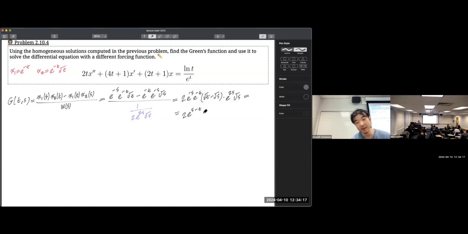I'm just combining those. And then you'll have square root of t minus square root of s. Okay, this is your Green's function.